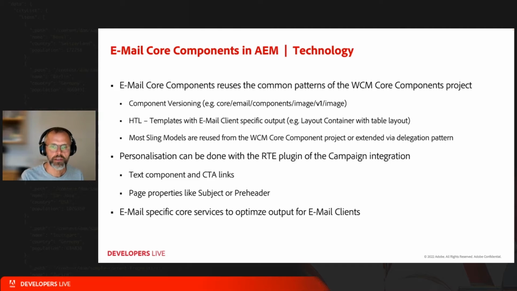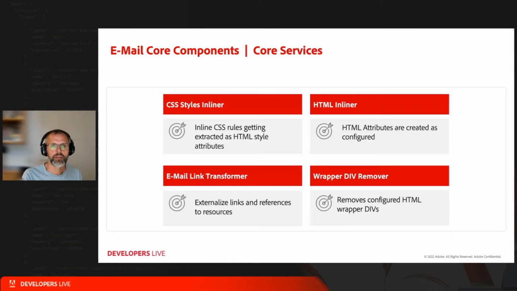In addition to things we already know from the WCM core components, we integrated the personalization plugin from Adobe Campaign. So you can easily input Adobe Campaign metadata into text fields like subject or in text areas, but I will demonstrate this later also. And then we also provide some email-specific core services, but this will be covered in the next slide.